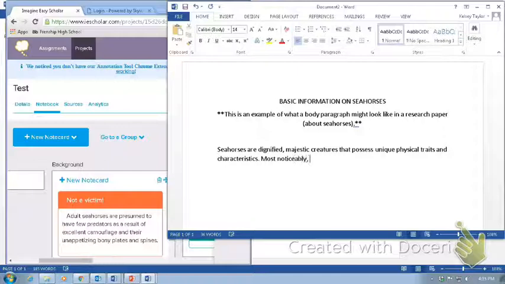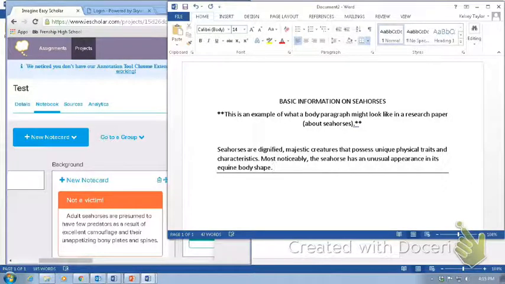Most noticeably, the seahorse has an unusual appearance in its equine body shape. So with this right here, I'm just saying I'm about to start talking about the shape of its body, pros and cons.